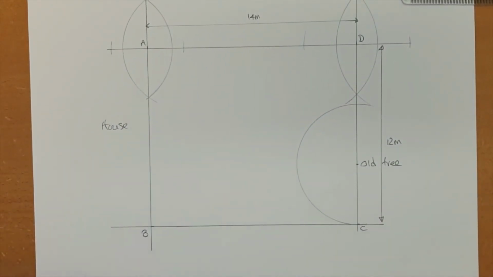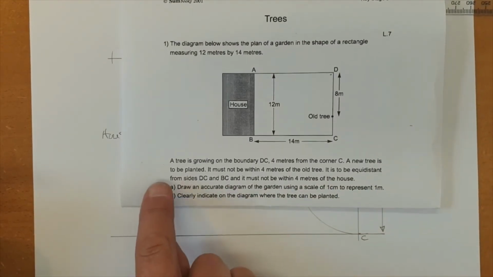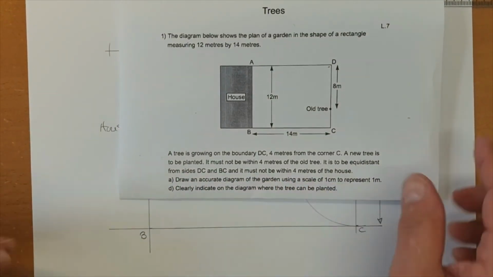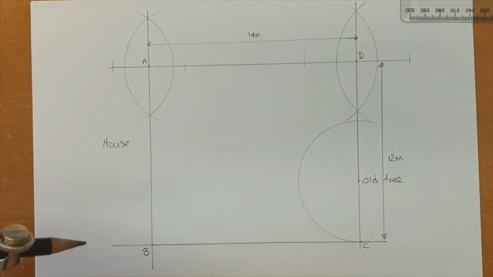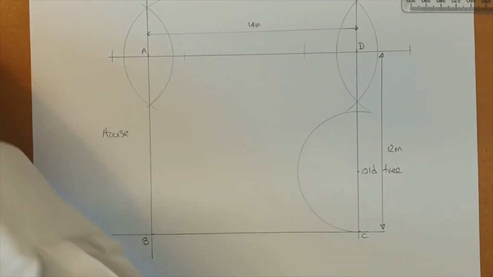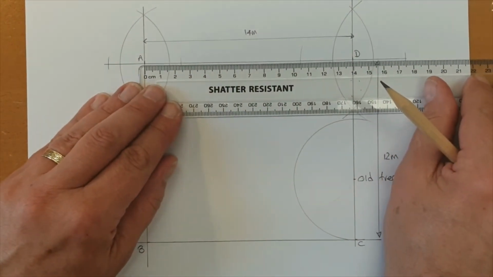My second thing is that it cannot be within 4 meters of the house. Okay, so there's 2 ways of doing this. You don't really need to use a set of compasses for this, so I won't.